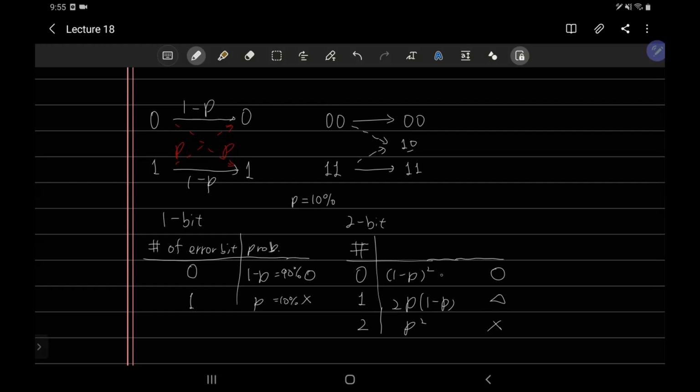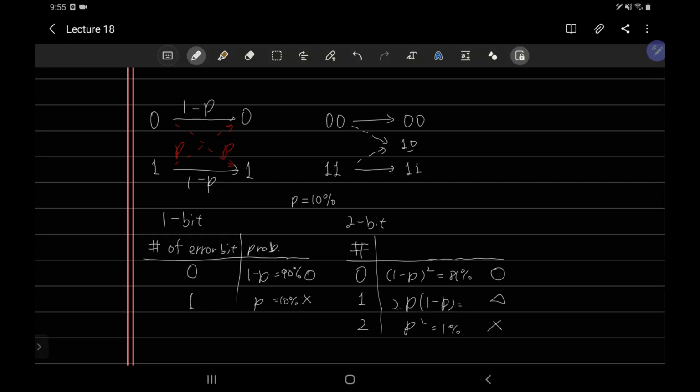Compared to this 1-bit case, for the 2-bit case, the correctly transmitted probability is actually lower than the 1-bit, because it is only 81%, while the completely incorrectly transmitted case is only 1%.